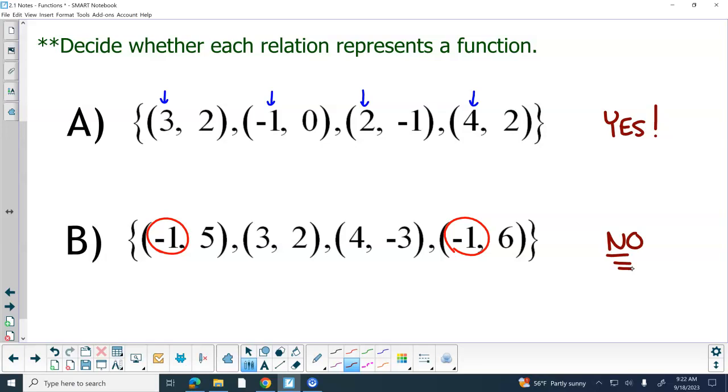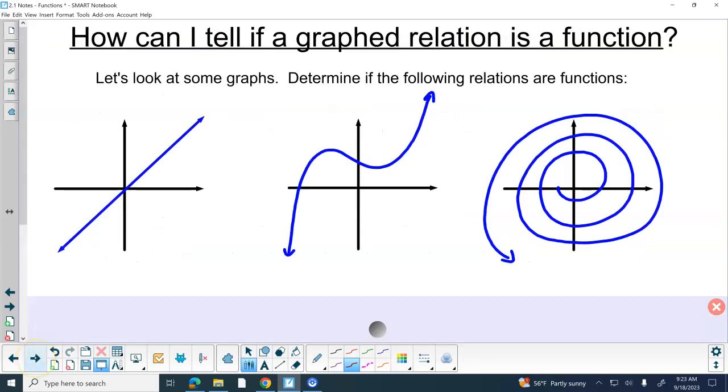Now, you've dealt with functions before because I know that you know this next slide. How can I tell if my graph is a function? Vertical line test. You can use what's called the vertical line test.